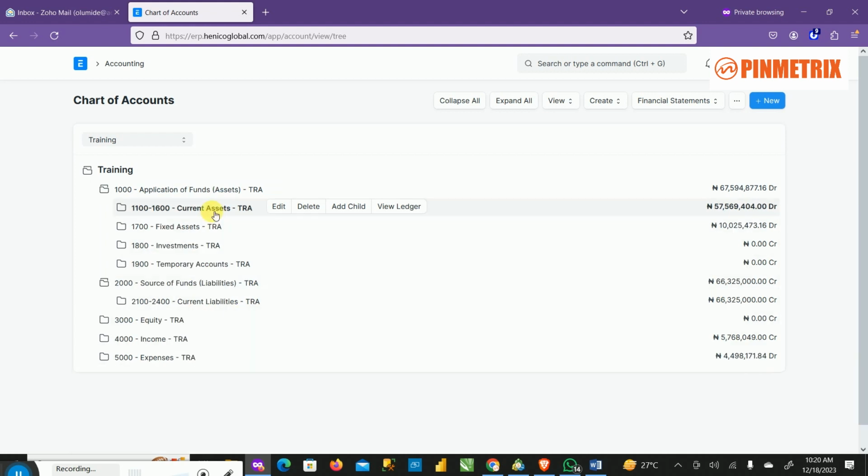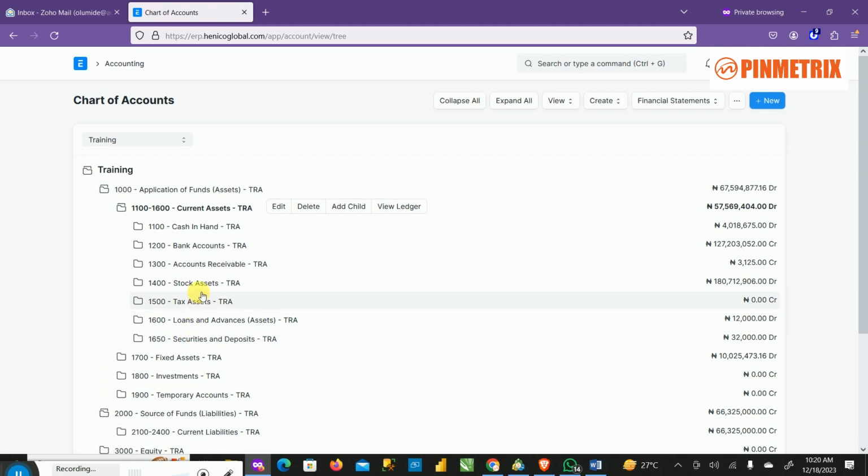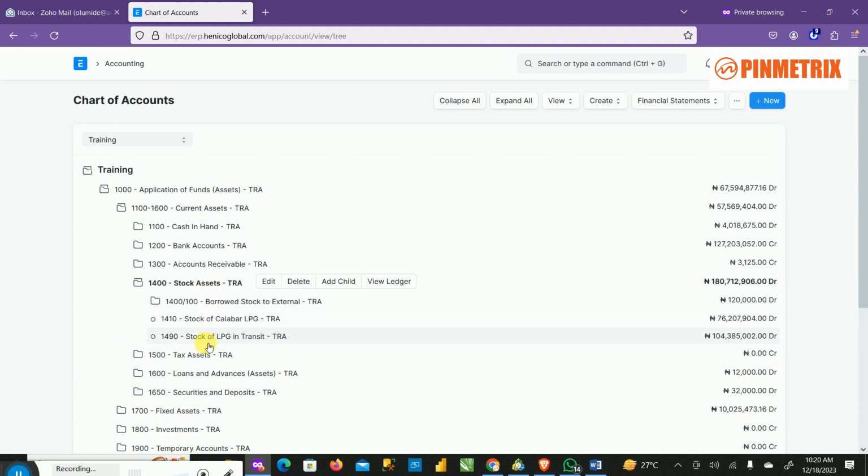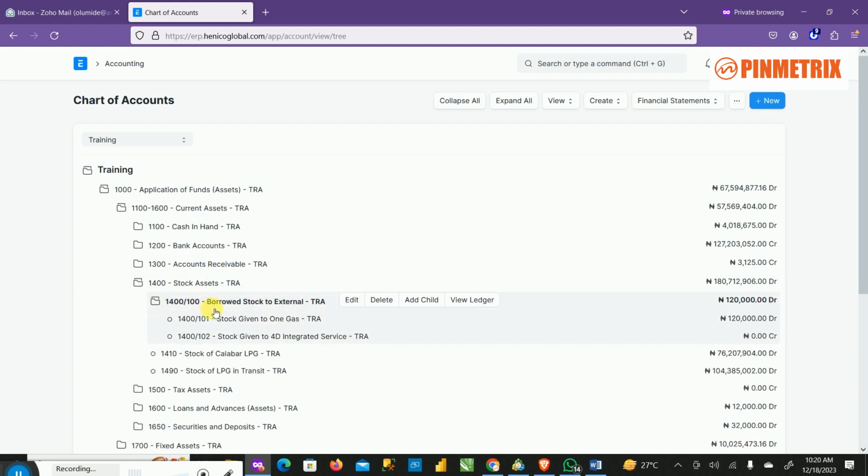If you check the current asset stock, we believe we still have the stock, but we just lent it out. So while this is credited, we have this ledger account that acts as a current asset account, and this is debited based on how the product is being exchanged.